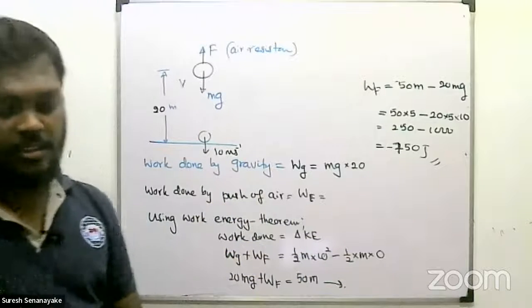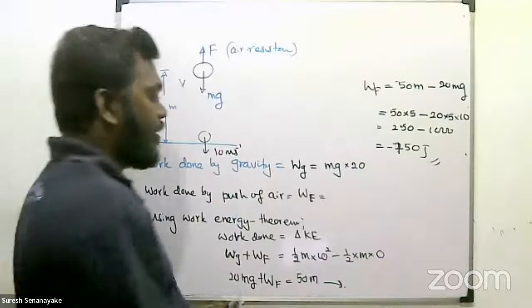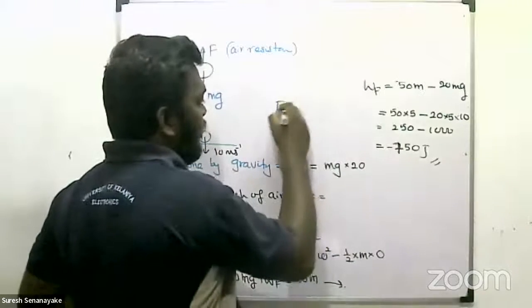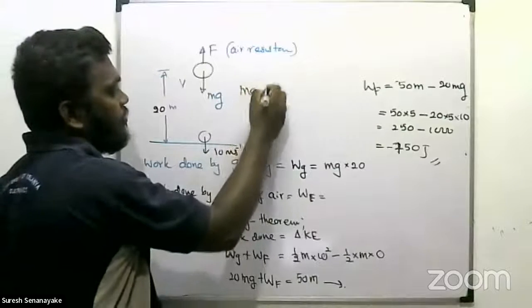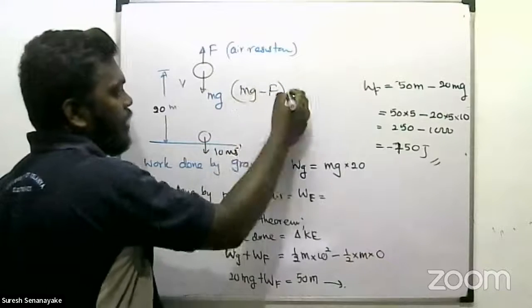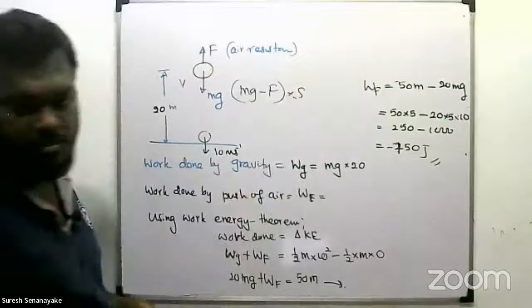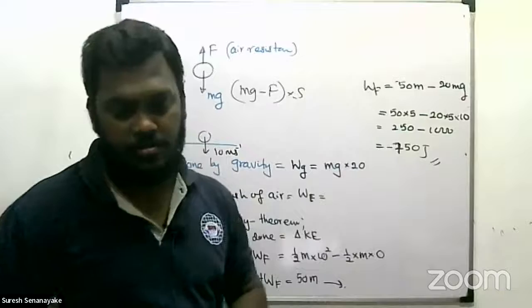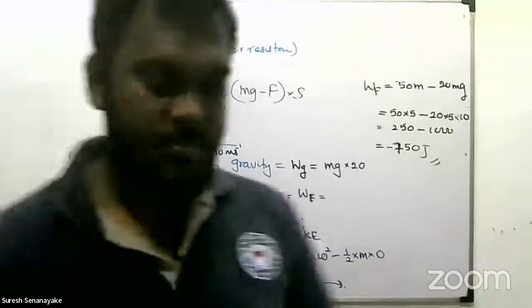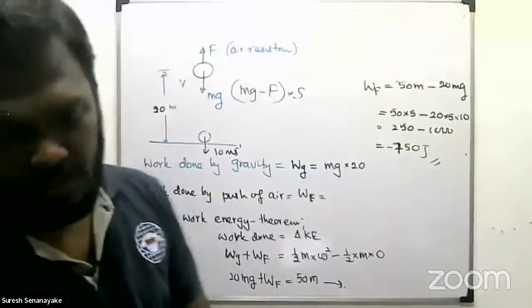And if you write the total work done, the resultant force acting on it is mg minus f, multiplied by the displacement. So that's why we get the minus value. Is it clear then?